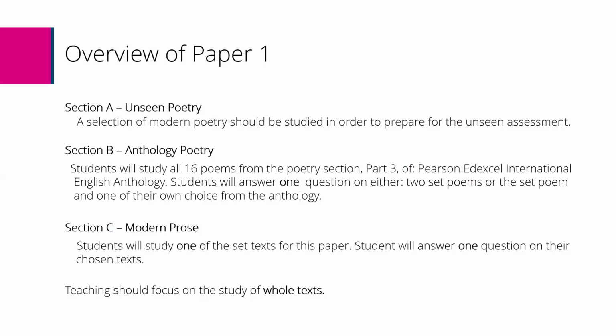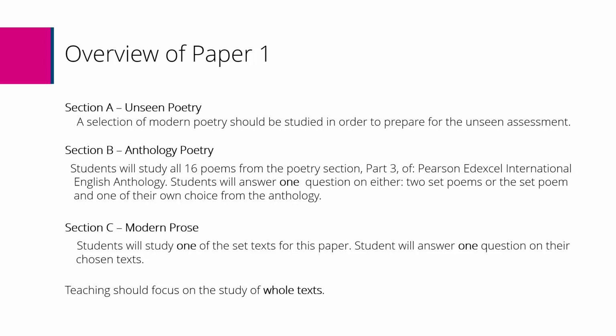We're now going to look at the key bit of content for this qualification, which is obviously the set text. Just a reminder of the 3 sections of where the texts are assessed. Section A, unseen poetry.